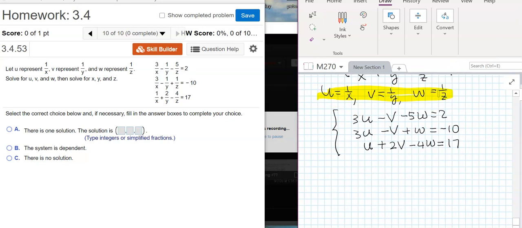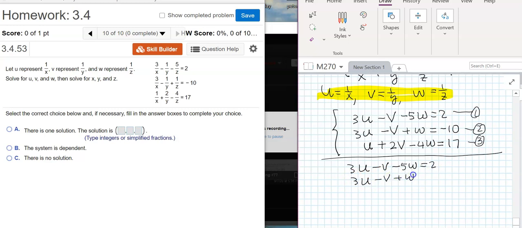So now, just like we did, which letter do you want to eliminate? I want to eliminate v. I'm going to number these equations first: number 1, number 2 and number 3. So now, this negative v, let me write it down underneath. Minus v minus 5w equals 2, and 3u minus v plus w equals negative 10.